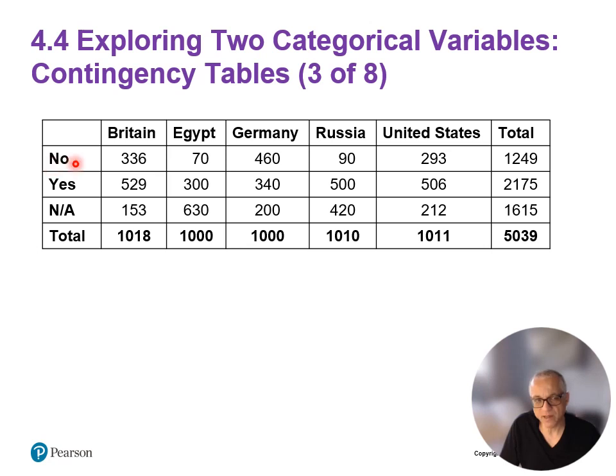You are taking from the pool of 1,249 and asking how many of these 1,249 said no because they come from the United States. So it's 293 divided by 1,249 and no longer 5,039. This is what we call conditional, because I'm giving you a condition.